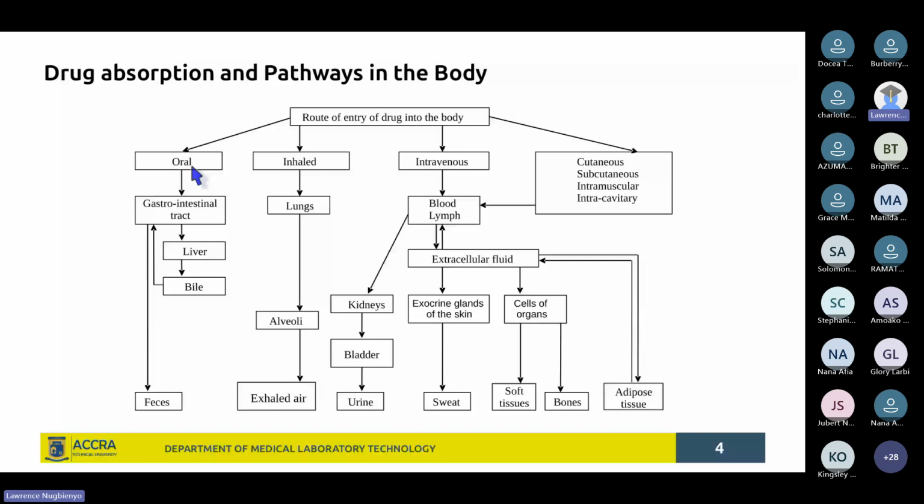So through the oral route, it gets into the gastrointestinal tract. And once it gets into the gastrointestinal tract, just like the way food gets absorbed into the bloodstream in the small intestines, it gets absorbed into the bloodstream and starts flowing to all the organs and the tissues.